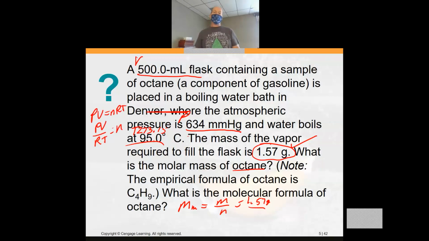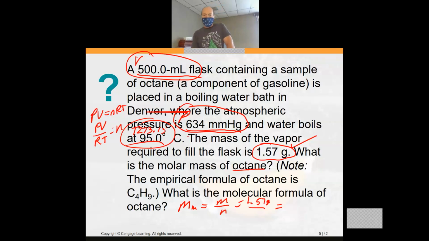So in order to get moles of a gas, we need pressure, volume, and temperature. R is a constant. They gave us a pressure, a volume, and a temperature, and so we can find moles. Once we find moles, we plug it in right here, and that will give us our molar mass.